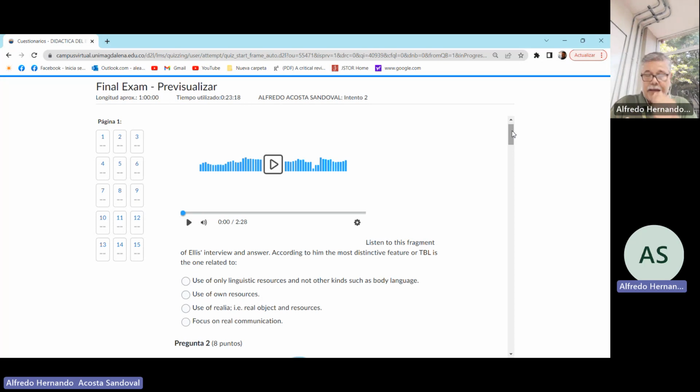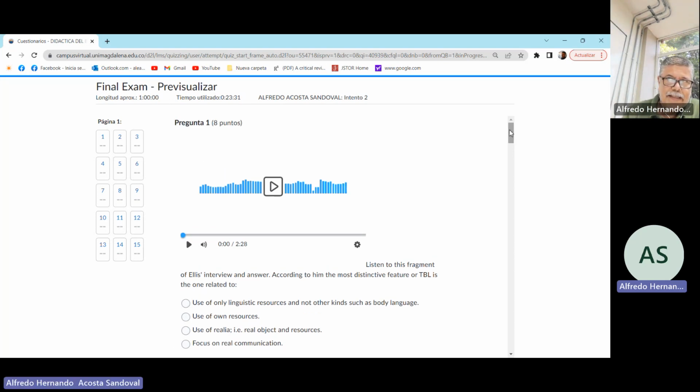Of course, there are some methods which require it. Focus on real communication? Well, not necessarily. This is very important in TBL, but it is the main focus of many other methods. This is why this is the second best answer.